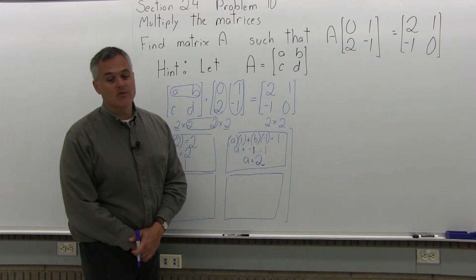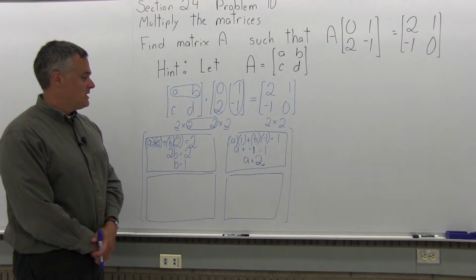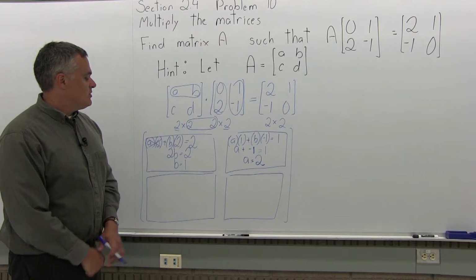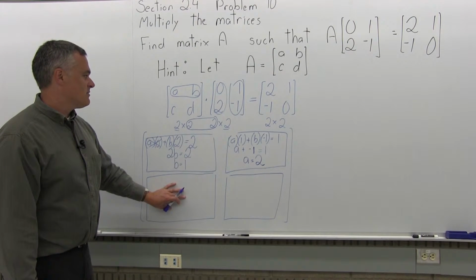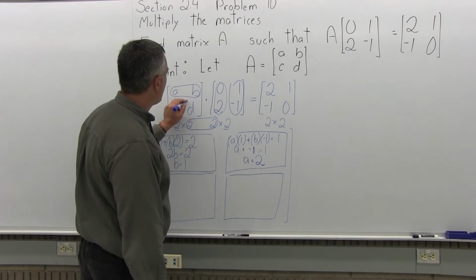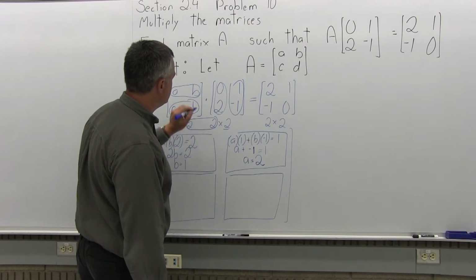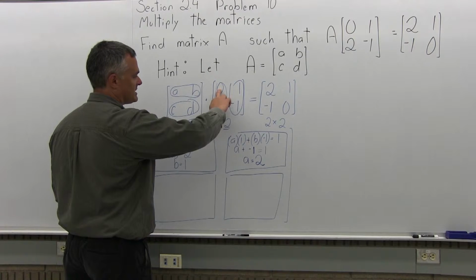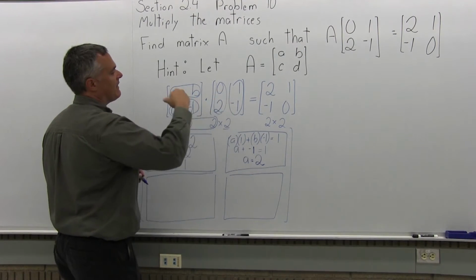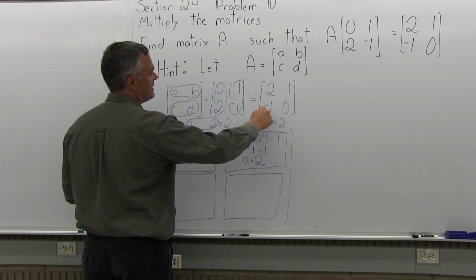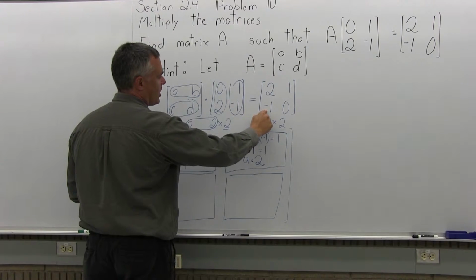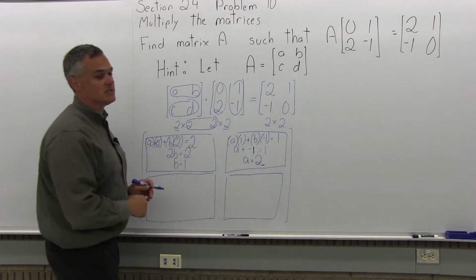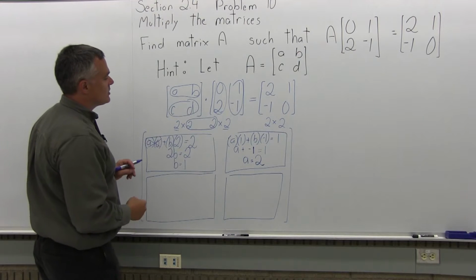So now I have 2 of my variables solved. So now, as I do some of the work in my lower boxes of my solution, I'm going to take the bottom row of the first matrix, which is CD, and multiply it times the first column of my second matrix, 0, 2. And that answer has to give me the value in the bottom row and first column of my solution, which is negative 1. So that's going to give me another equation.